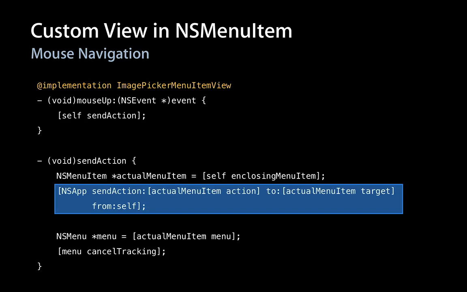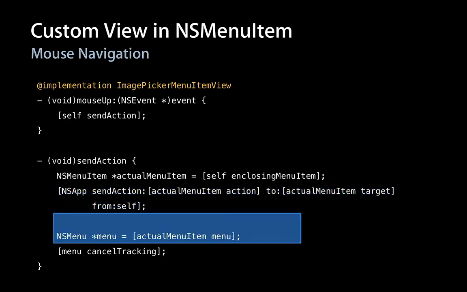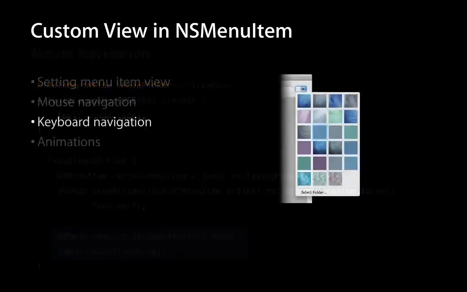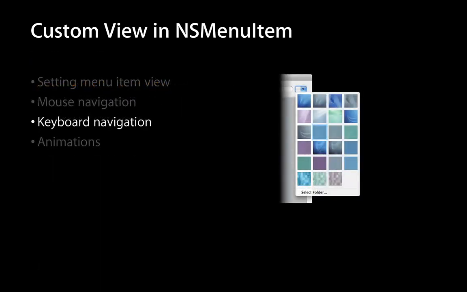I could just wire it up in Interface Builder. Now that we've actually sent the action, we need to go ahead and cancel tracking for the menu so that the menu dismisses. And for the menu item, we can ask for its parent menu, the menu it's associated with, and then just call cancelTracking on that menu. That's all you really need to do for mouse navigation.